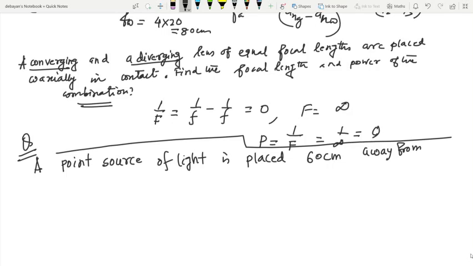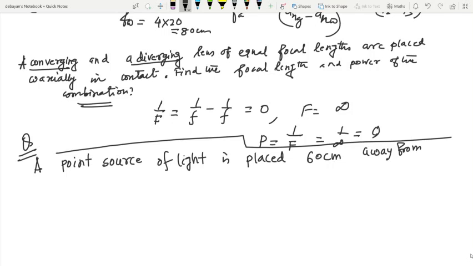Now a diverging lens of focal length 20 centimeter is placed 20 centimeter away from S, between S and P. I am writing the diagram.